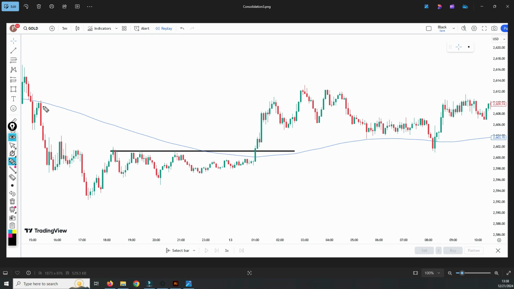and closes above this previous resistance line. A lot of traders will draw something like this and they will actually see the market like this. This will be like a triangle. If the price breaks this resistance, it will probably continue in a bullish direction. If the price breaks this lower trend line, the price will probably go in a bearish direction.